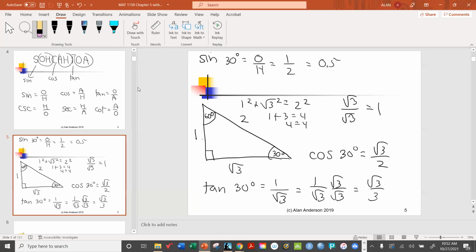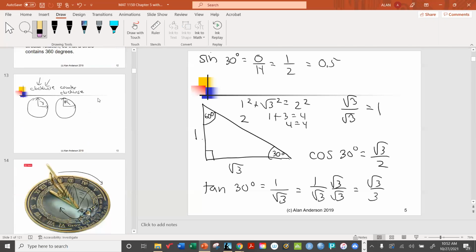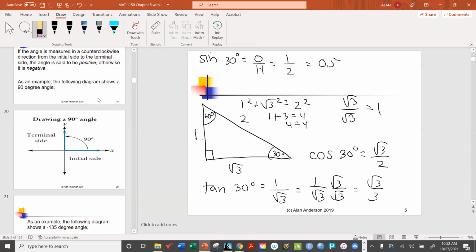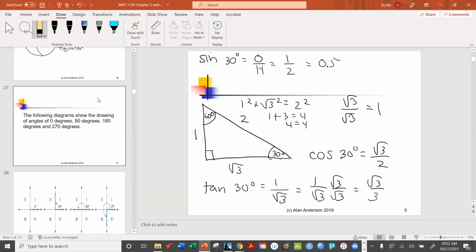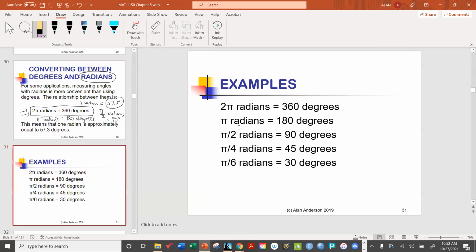But let's try an experiment. We know that 90 degrees is pi over 2 radians. Where is that? There it is. So as an experiment, why don't we try to calculate the sine of pi over 2?